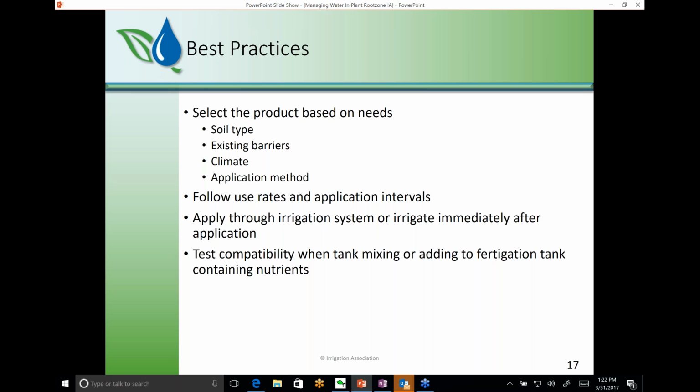Phase separation is not a chemical incompatibility. It's the phase separation of what you have in the tank by weight. And so you'll see some layering that occurs in the tank. And simply using a tank or something that has agitation will alleviate any issues with phase separation.